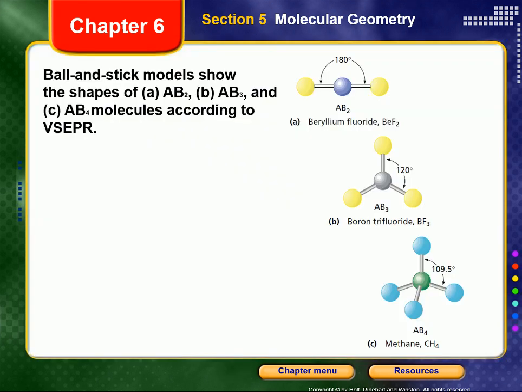The three A to B bonds stay farthest apart by pointing to the corners of an equilateral triangle, giving 120-degree angles between the bonds. This trigonal or trigonal planar geometry is shown in figure 6-21b for the AB3 molecule boron trifluoride, BF3.